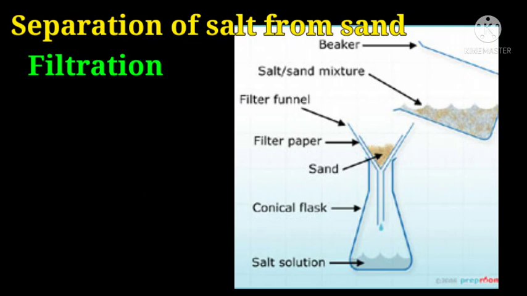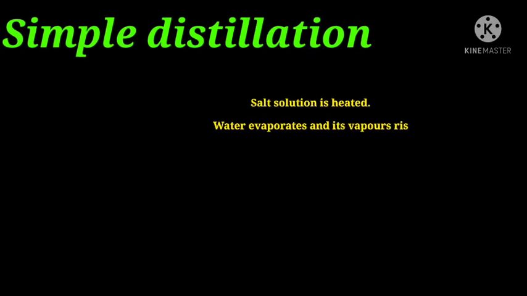You can see the yellowish part, that is called residue, because sand cannot pass through the filter paper, and you will get in the beaker as a filtered liquid the solution of salt and water.